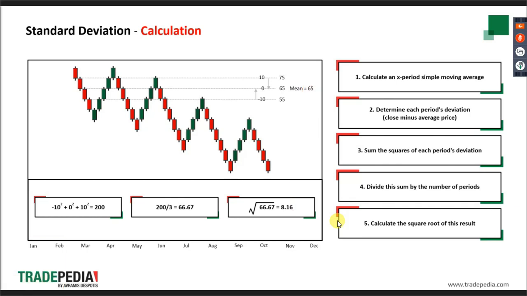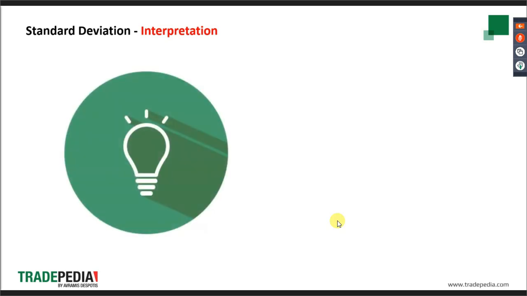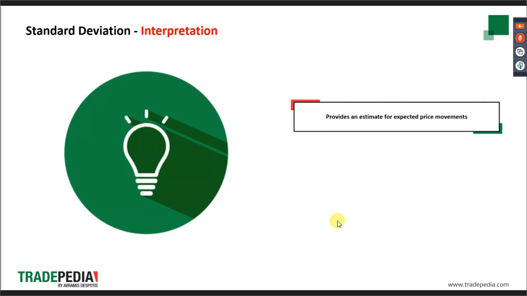All right, so now we got this standard deviation. That's the harder way to calculate. But let's see how we can interpret what we have calculated. Standard deviation provides an estimate for the expected price movement. So you can use this number as the risk of the security.